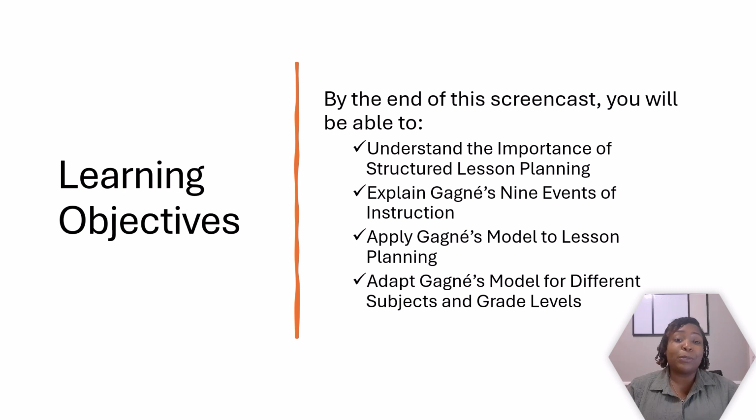Next, you'll be able to apply Gagne's model to lesson planning and explore practical ways to implement each event in a traditional classroom setting. And lastly, you will be able to adapt Gagne's model for different subjects and grade levels. You will also learn how to modify the approach based on teaching needs.